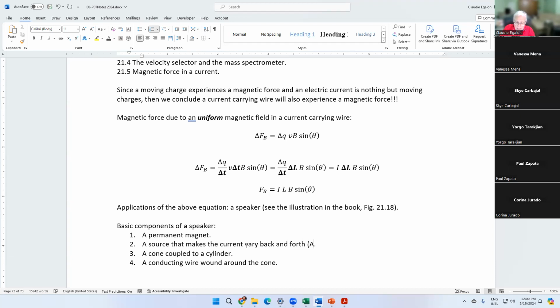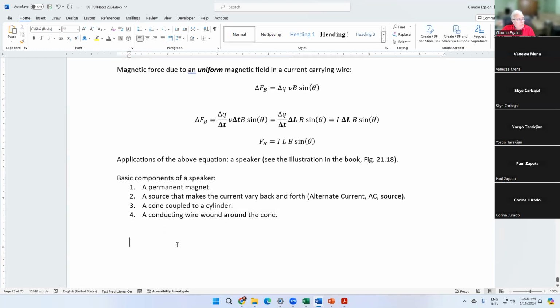That's what we call an alternating current source, AC. A cone coupled to a cylinder. The cone is the speaker, right? And a conducting wire around the cone. The conducting wire is subject to the magnetic field of the permanent magnet.